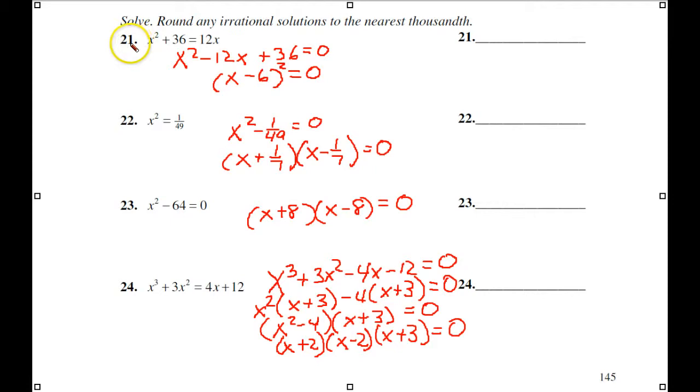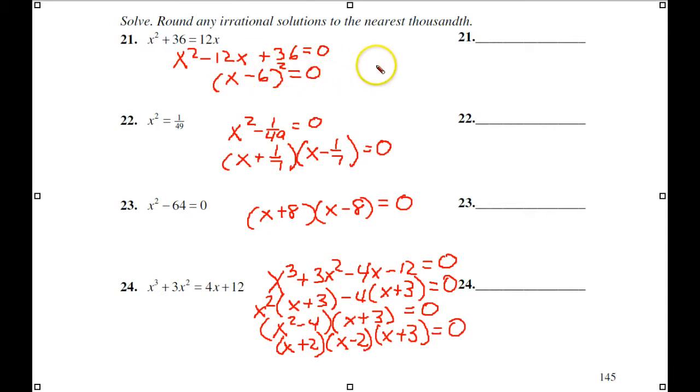Looking at 21, and here they want us to solve because these are equations. Well, I want to put this in standard form, so I'm going to transpose the 12. And now I have a perfect square trinomial that will factor into this. And now I have 2 of these factors that equal 0. So they're both going to be the same answer.